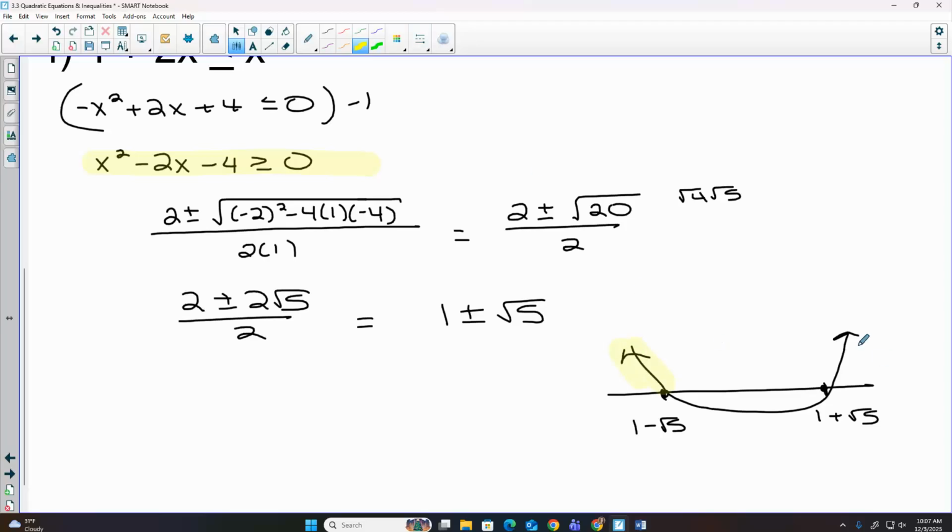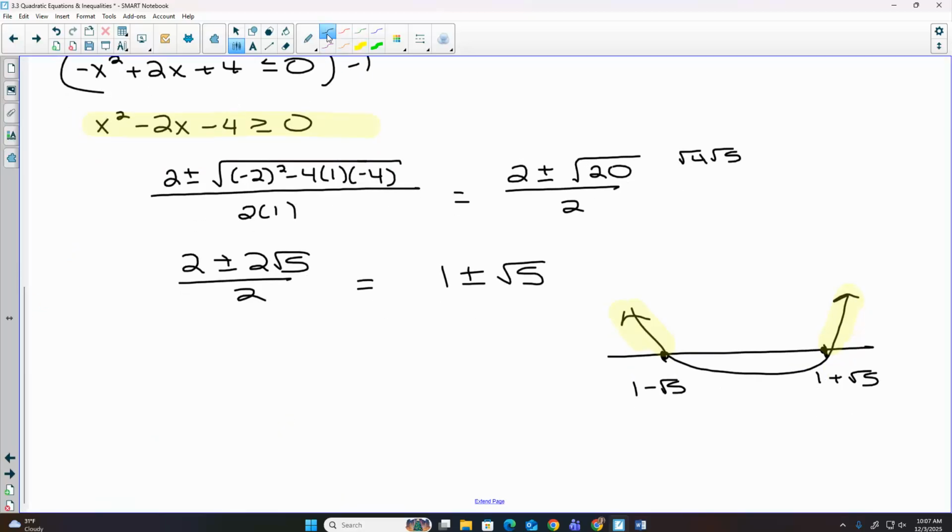So greater than 0 is here and here. So what would my answer be? Perfect. And this one had an equal to, so I should have brackets on my 1 minus radical 5 and 1 plus radical 5.